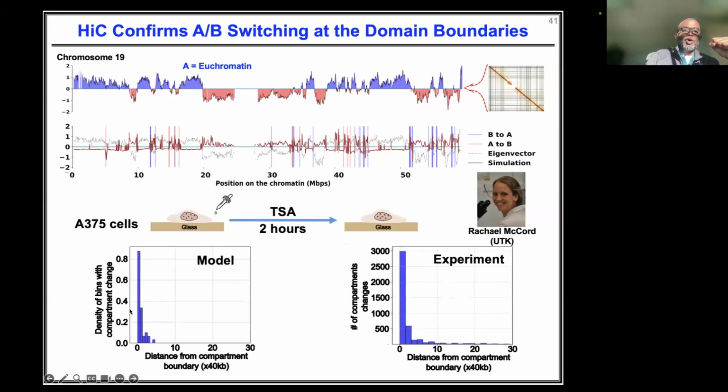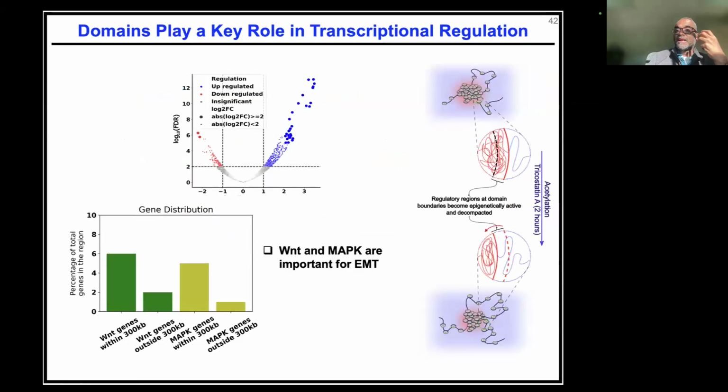So all the compartment changes, that is, this hetero to eu, all of them are happening at the boundary. And in fact, surprisingly, if you look at all the important genes that are necessary for EMT, say the MAP kinase or Wnt, or ERK, all of them are located very close to the boundary.